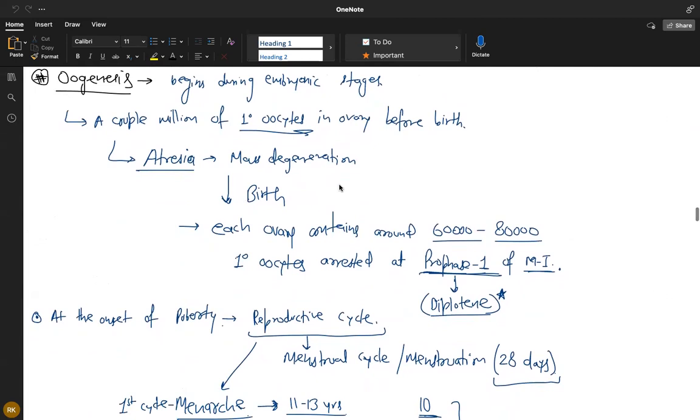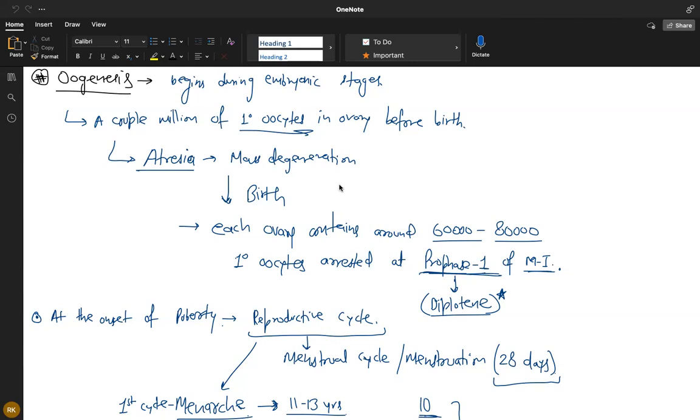But before I go to oogenesis, my question to all of you is, when does oogenesis begin? Embryonic stage. Embryonic stage of the female, right? Yes. If I ask you, the ovum from which you were formed, when was that produced? When my mother was in her mother's womb.